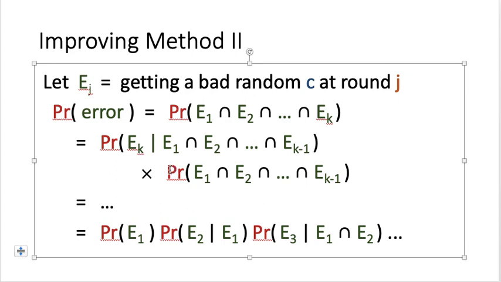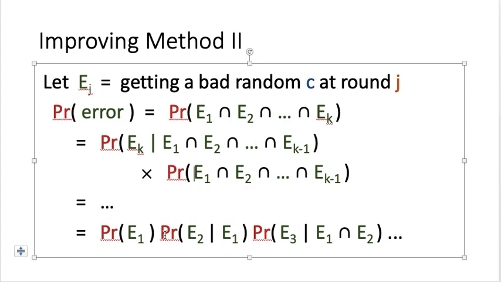Now, this term has the same format as the original one, the intersection of all the events. So we can do the same process to make it into the probability of E(k-1) given the intersection of the remaining first k-2 events.